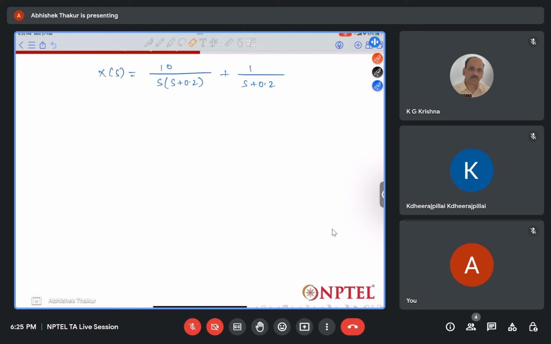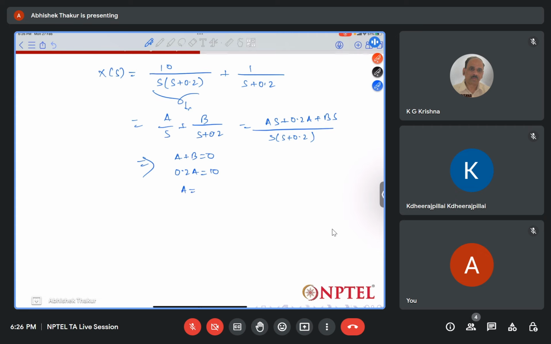We can just decompose this into fractions: A by s plus B by (s plus 0.2). Like this, this term we are finding first. So we will get A(s plus 0.2) plus Bs by s(s plus 0.2). So we can write A plus B is equal to 0, and the constant term 0.2A is equal to 10.